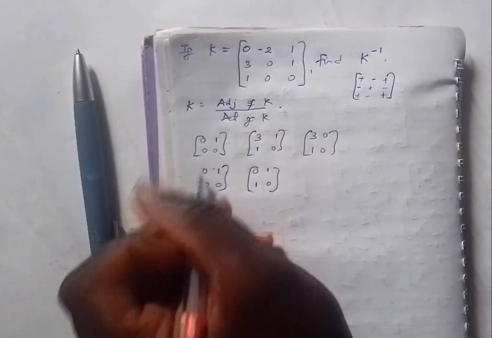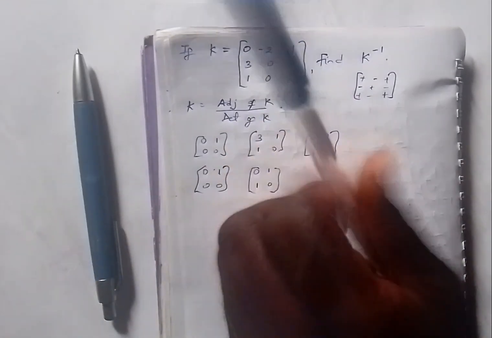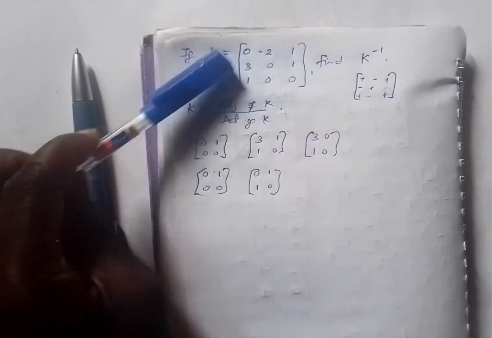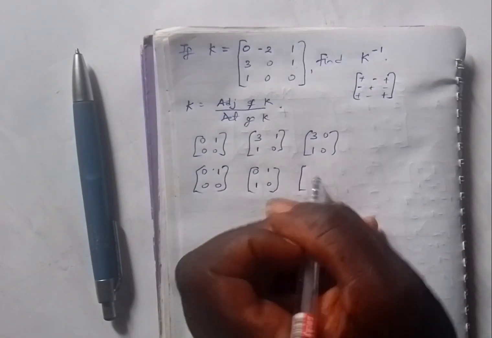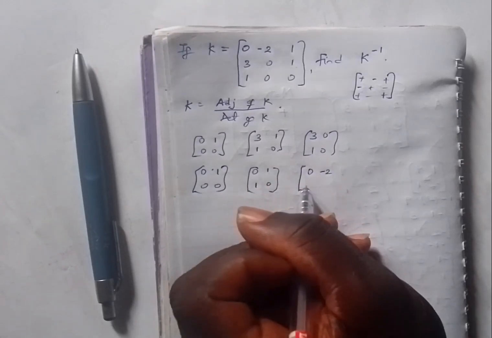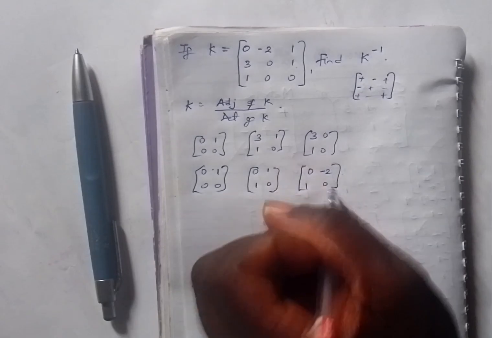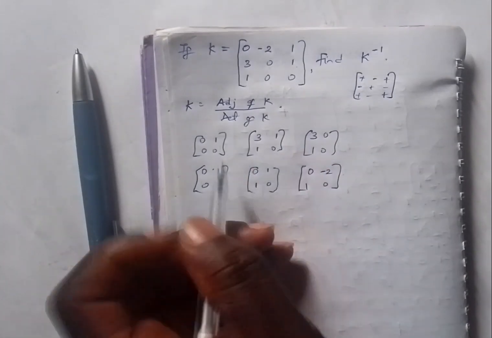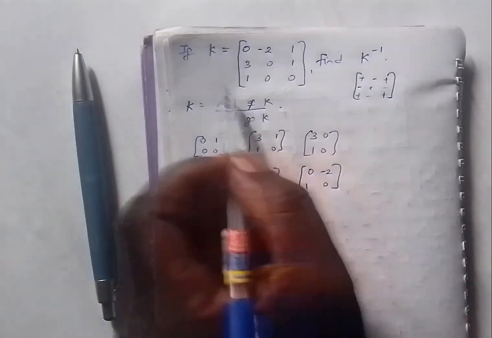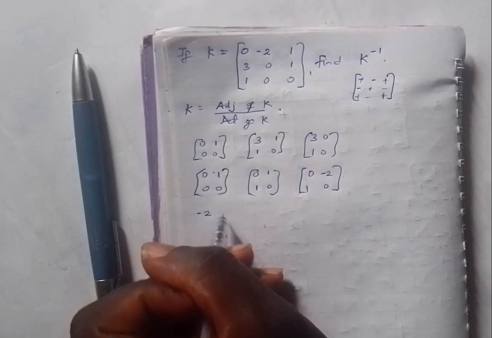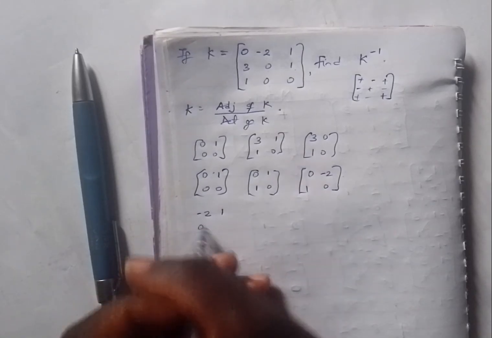Do the same thing for all the elements one after the other. When you repeat the same thing for this one, cover its column and its row, you can try it on your own also to be sure of how to do it. When you cover this row and this column, you have 0, minus 2, 1, 0. For the last row, when you cover the column and row of 1, you will have minus 2, 1, 0, 1.